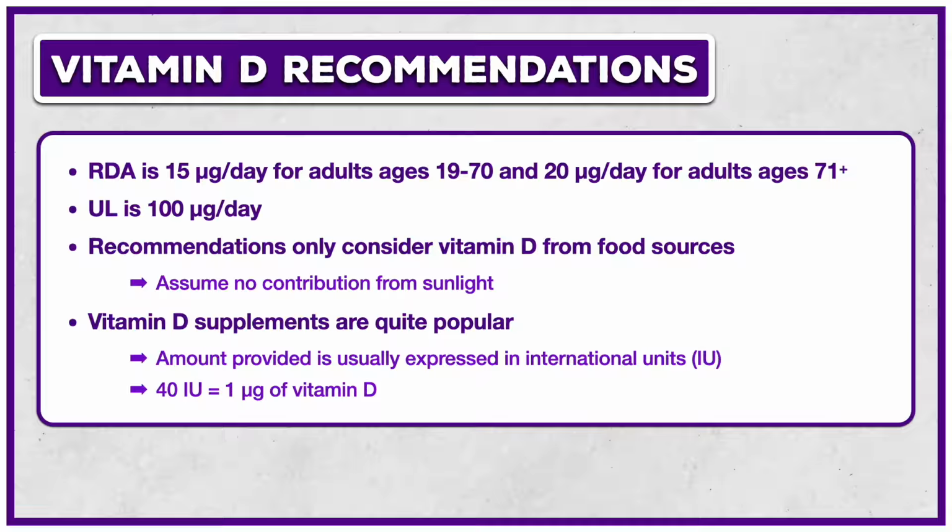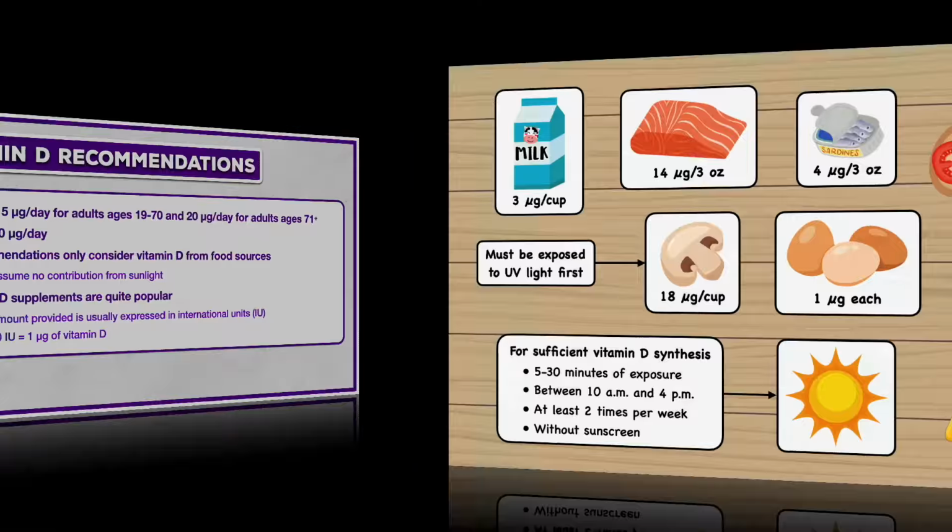Vitamin D supplements are quite popular. The amount provided is usually expressed in international units, or IU, which helps standardize the biological activity of common substances. There are 40 IUs for 1 microgram of vitamin D, so the RDA is equal to 600 IU, and the UL is equal to 4,000 IU.